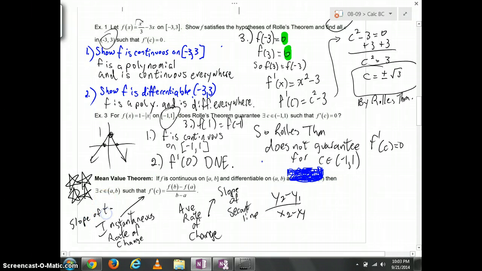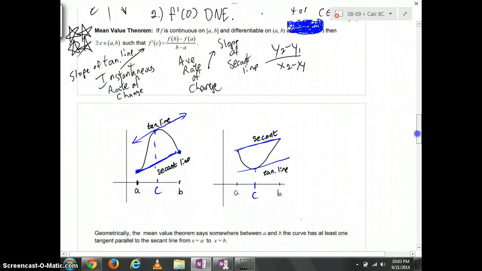So what we're really seeing here is this, that if your function is continuous on a closed interval and differentiable on an open interval, then there will be some x value such that the instantaneous rate of change at that x value would equal the average rate of change on that interval. Also, the slope of the tangent line would have to be equivalent to the slope of the secant line for somewhere on that interval. Let's get a picture to see this.